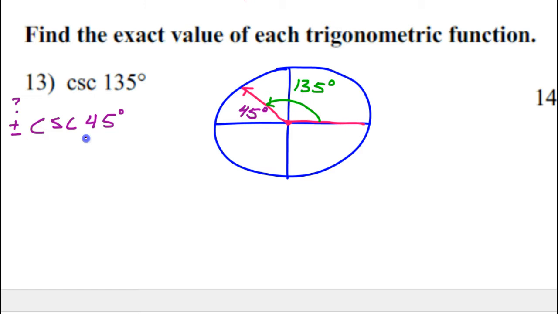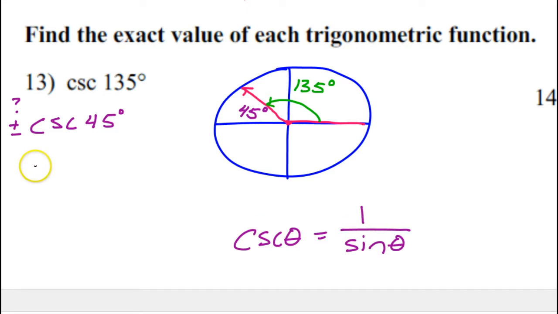Now, what is the cosecant of 135 degrees? Well, you need to know that cosecant of any angle is the reciprocal of the sine function. So let's work backwards. Let's ask ourselves, what is the sine of 45 degrees?